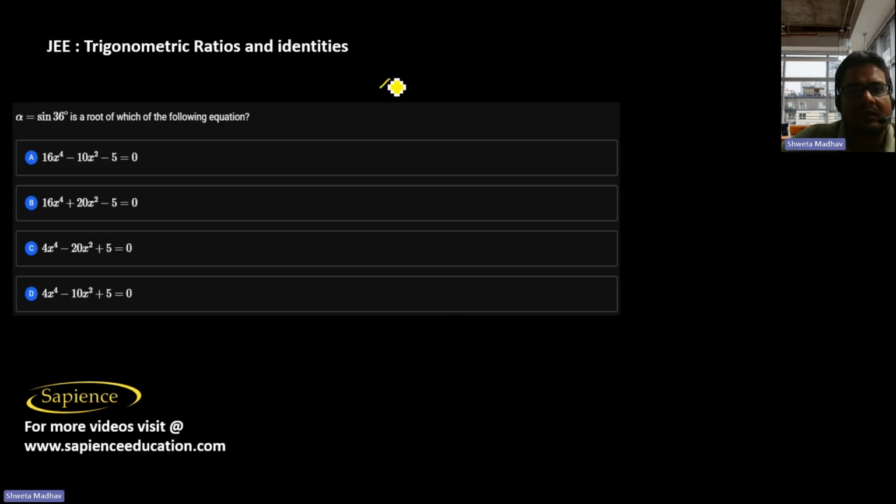And here it is told alpha equal to sine 36 is a root of which of the following equations. So now sine 36 I can say it is sine 2 into 18 degrees.